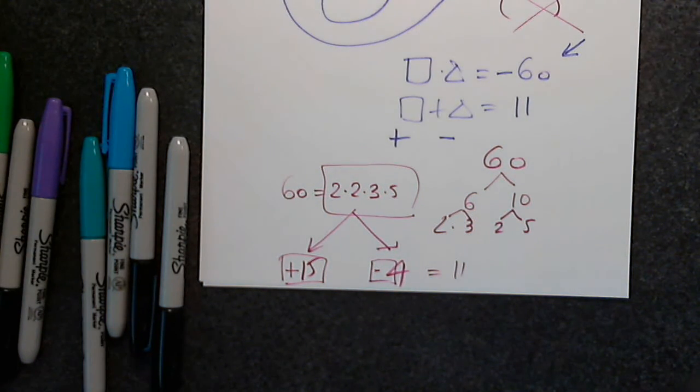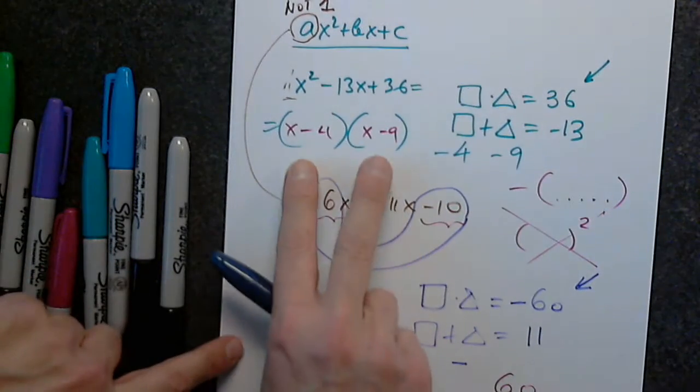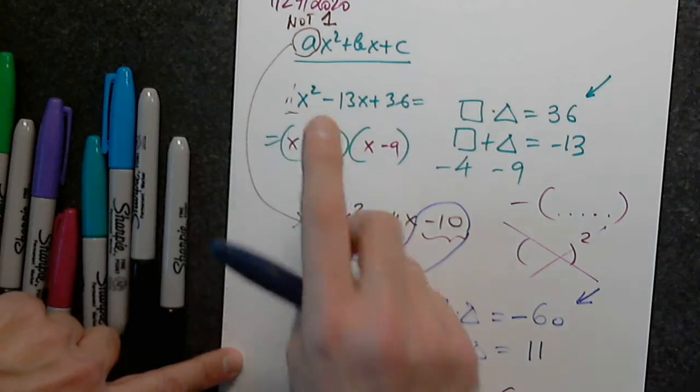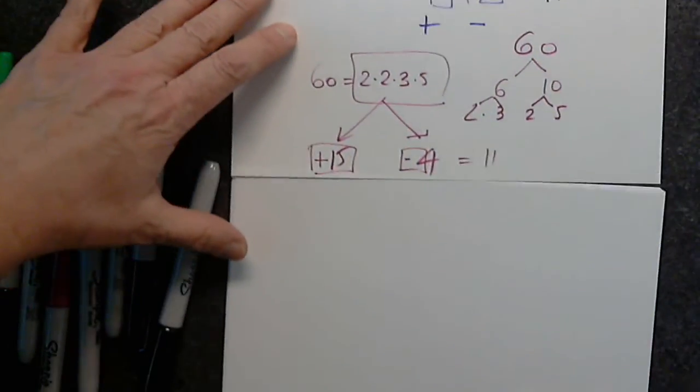By simply looking at this prime factorization. I said, okay, 15 and 4. That must be it. Again, you can choose other methods. The next step is not this, because the leading coefficient is not 1. The next step is this. I'm using these numbers that you just gave me.